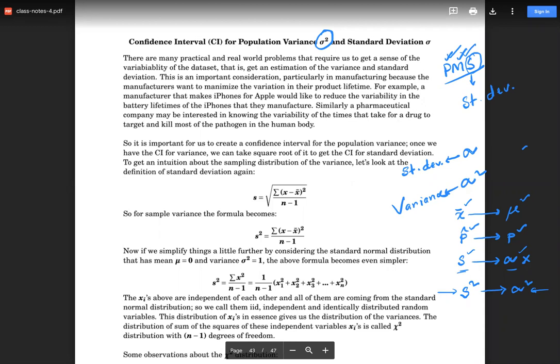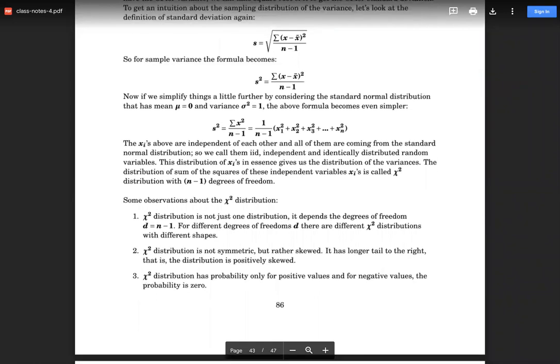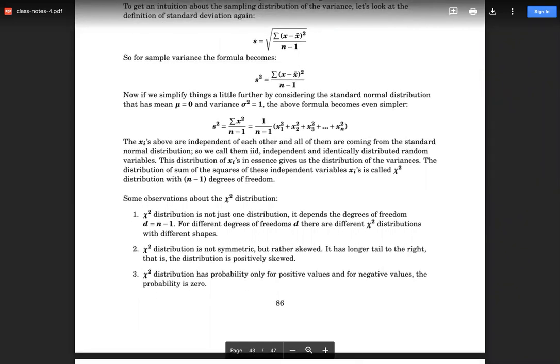Now here is a little bit of an interesting thing. This is the formula that you used to find the sample standard deviation. You probably do remember: S is equal to the square root of the summation of x minus x bar, whole square, all divided by the sample size minus 1.